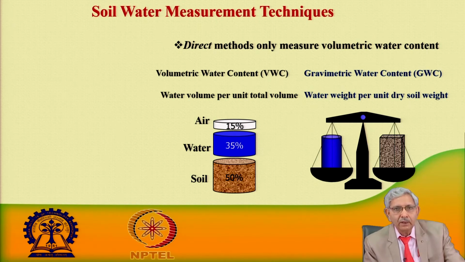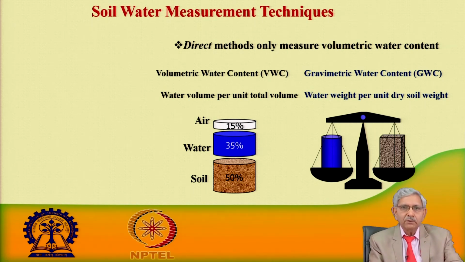Now, when we are talking about soil water measuring techniques, one very simple method is gravimetric moisture content, or another way is to express it in terms of volumetric water content. A soil consists of solid particles and pore space.